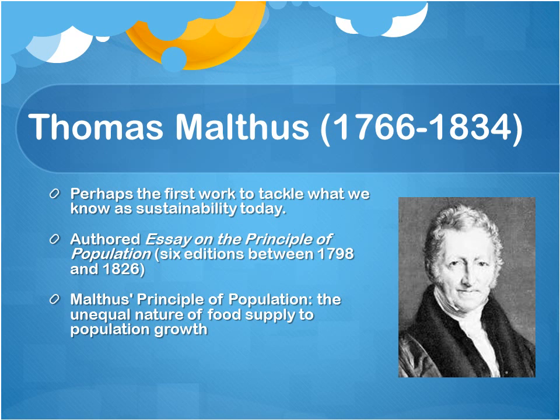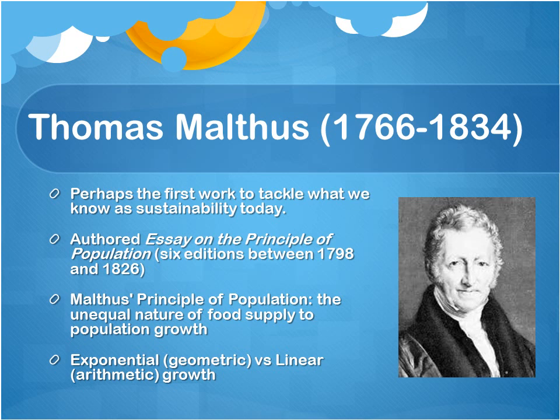Malthus' central issue was the unequal nature of food supply to population growth, or our ability to produce food to feed the population as it was growing. This of course centered on what we would call today exponential or geometric growth versus linear or arithmetic growth.